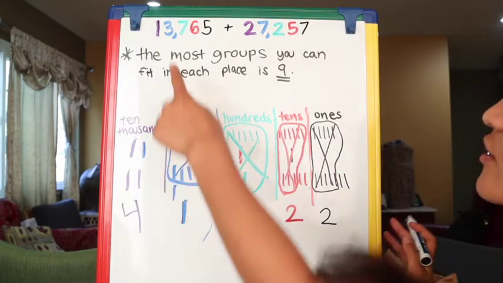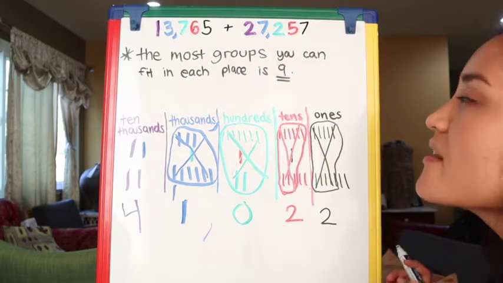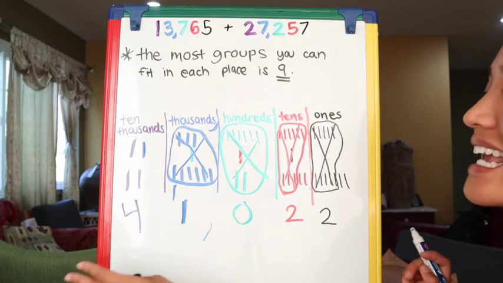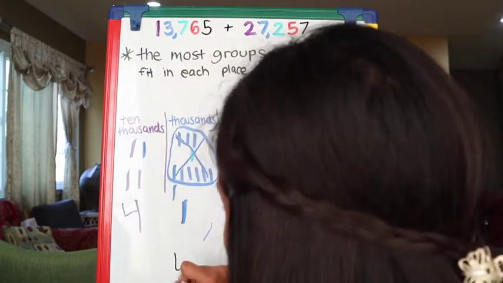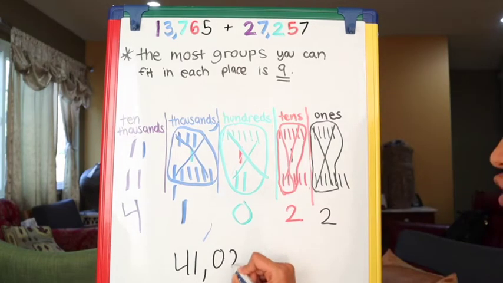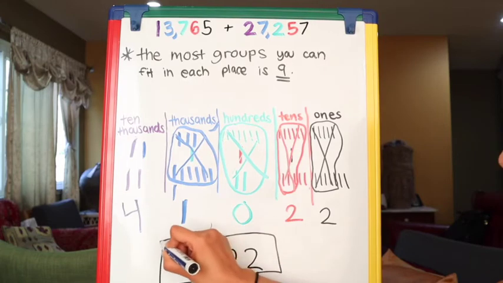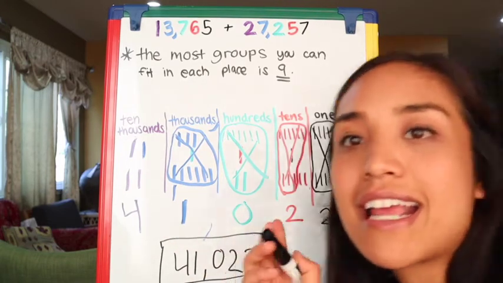Our answer is 13,765 plus 27,257 equals 41,022. That is my answer.